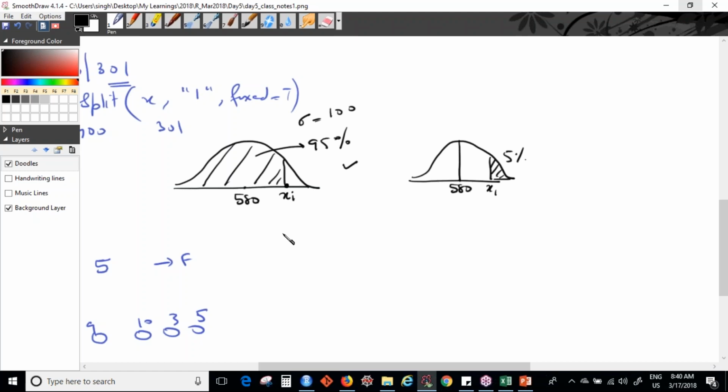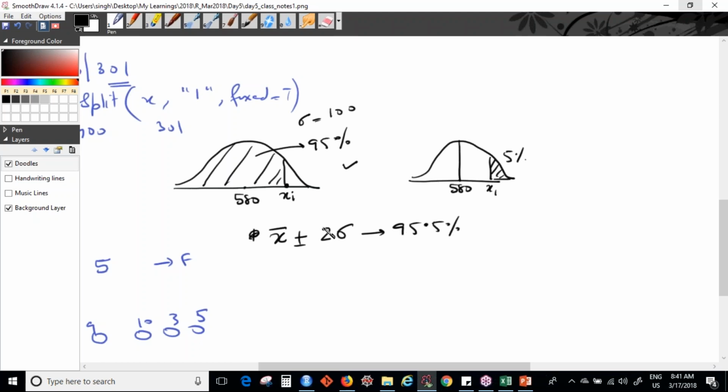Let's say I don't know the qnorm function, I can still approximate it. You already know that if you go two standard deviations away from your mean, you get around 95.5%, right?